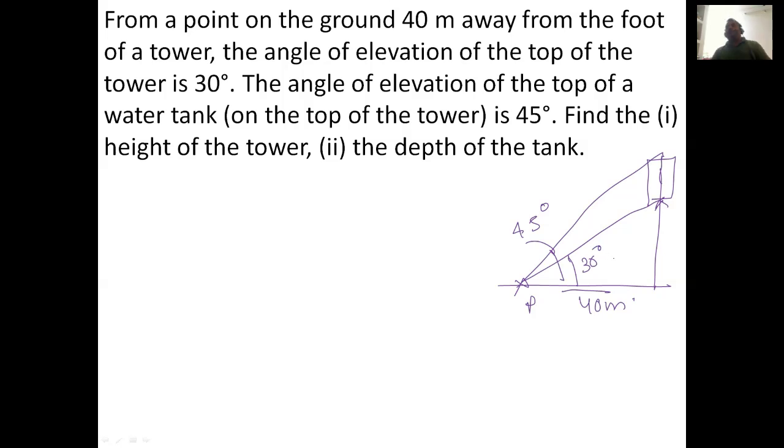See here, what we have to find is the value of the height of the tower and the depth of the tank. See, you have to find this depth of tank x and y separately. So we have taken P, A, this is B, and this is C. So in the triangle ABC, which is having 30 degree, again we will use tan 30, y by 40, perpendicular by base.